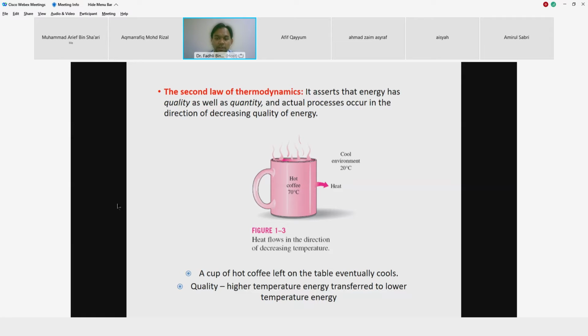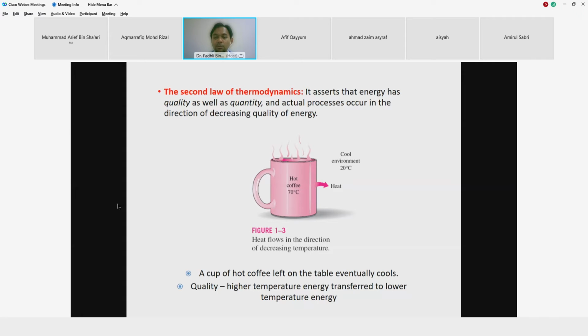Actual processes in our daily life occur in the direction of decreasing quality of energy, right? From this phenomenon, you can imagine that this is what we call the quality of energy. High quality energy here means the hot region, the hot place. Low quality of energy is the cold region.